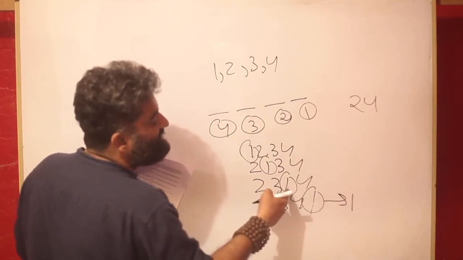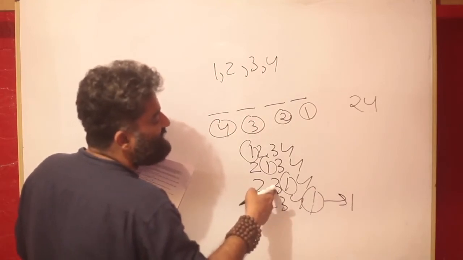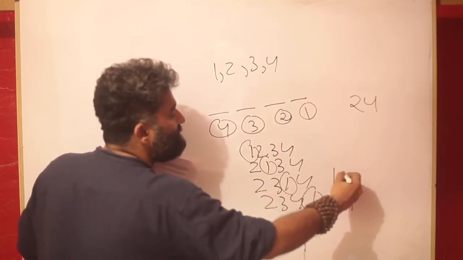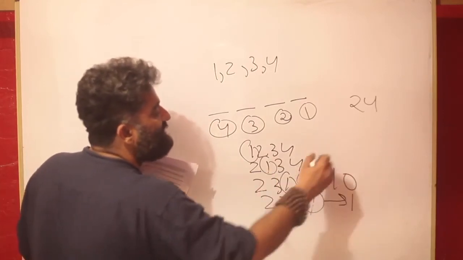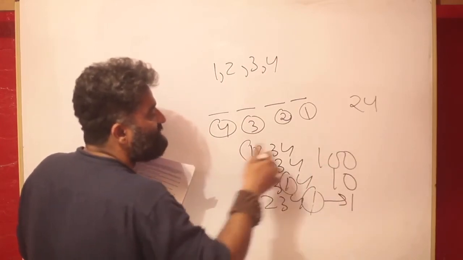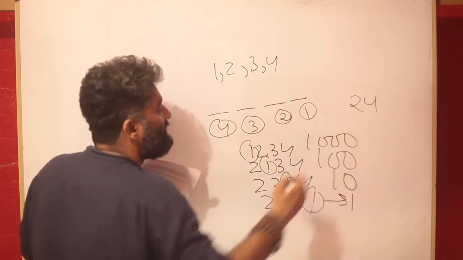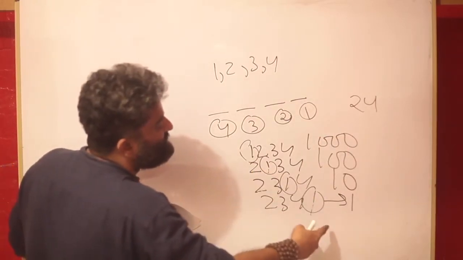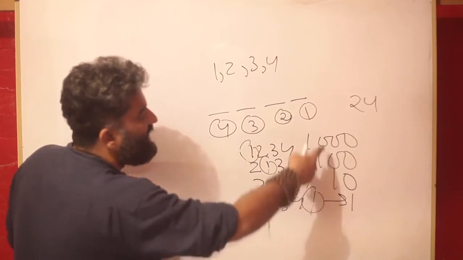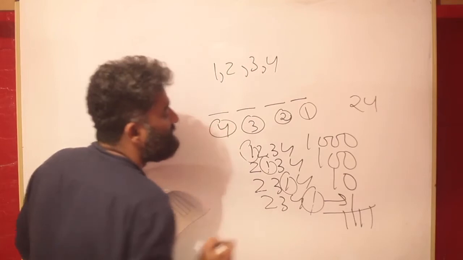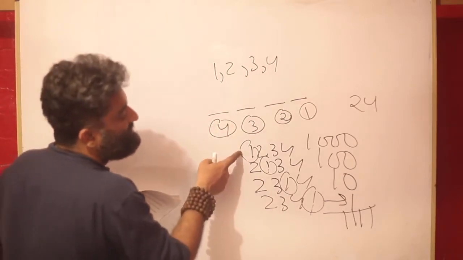If I look at 1 at the tens place, this is 2314, so this 1 is actually adding a 10. If I look at this one, it is adding a 100. If I look at this one, it is adding 1000. So at 1 being at 4 different positions, this is what it is adding. And what is the sum of this? The sum is 1, 1, 1, 1, right? But this is not the case.